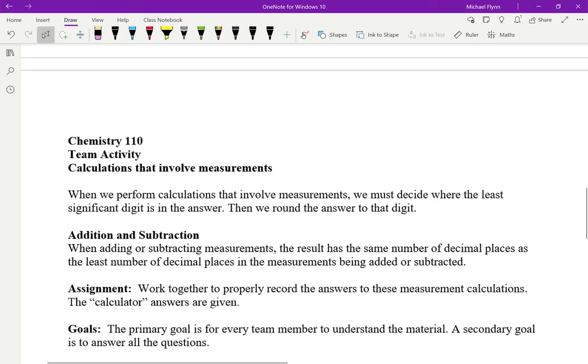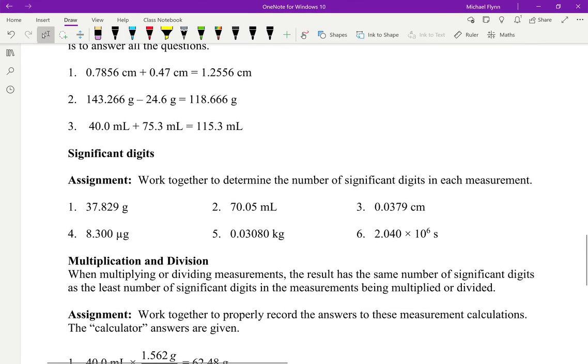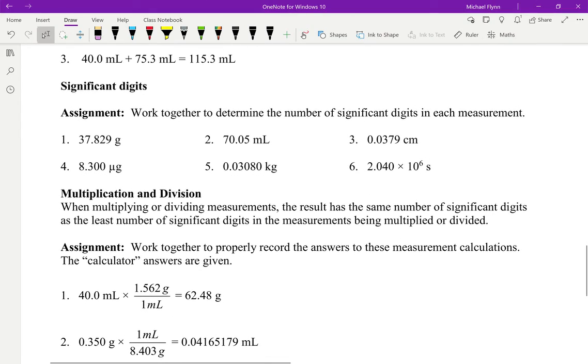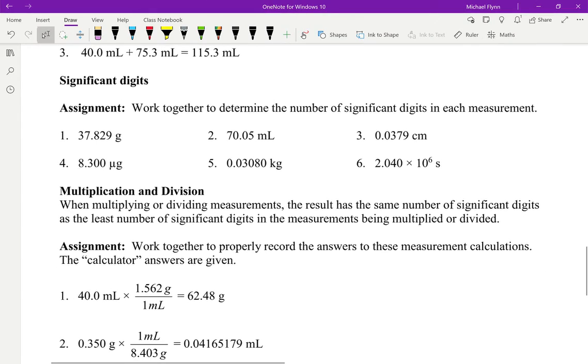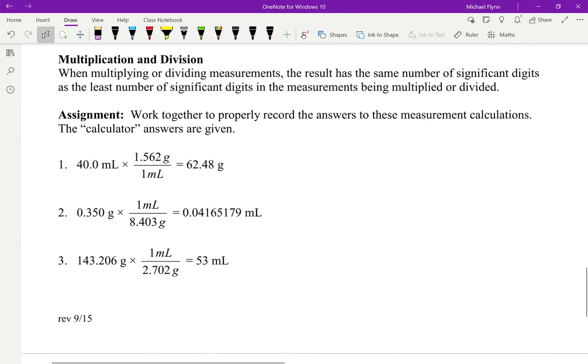Anyway, write down the measurements just like before, see if you can get it. Pardon me, a little tired. And then here we have some rules: addition and subtraction, multiplication, or just addition and subtraction, and so on. Here what you're supposed to do is determine the number of sig figs. It's just a little practice for the quiz. And here you do the calculations. When you're multiplying and dividing, the answer cannot have more sig figs than the original number.